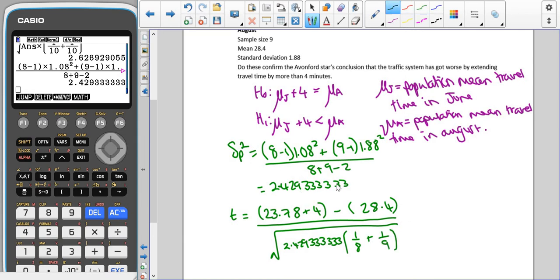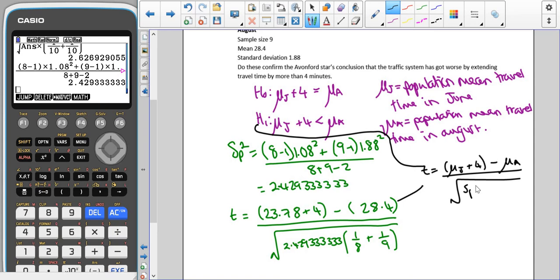So the reason why this is as it is, we've used t equals, we've moved this to the other side. If you remember, I talked about this in the 2 sample normal video. We're rearranging that in the same way. So I'm leaving my μJ plus 4 on that side, and I'm moving my μA to the other side, and that's what then goes on the top. The bottom stays the same, so that stays as Sp squared times 1 over NJ plus 1 over NA.